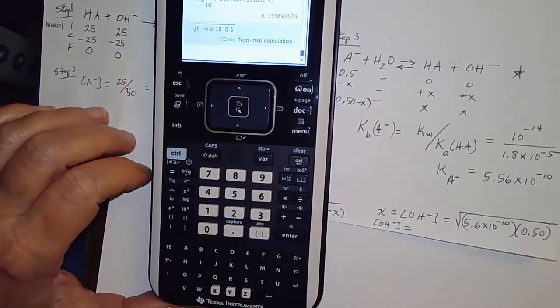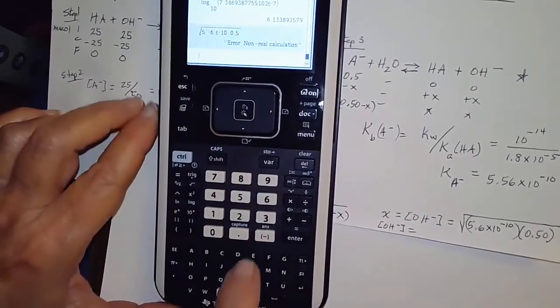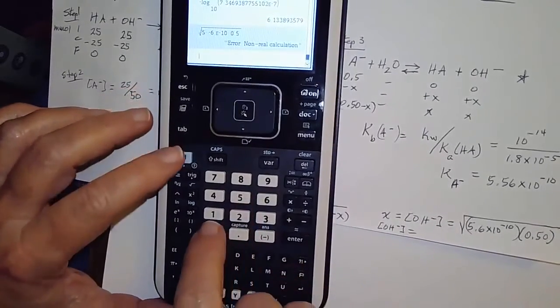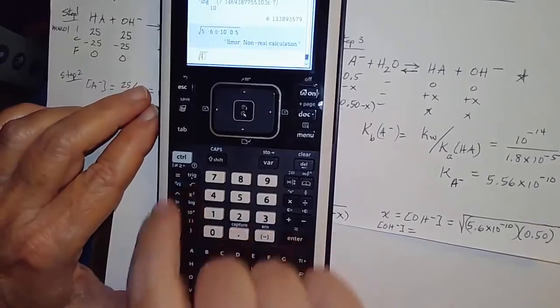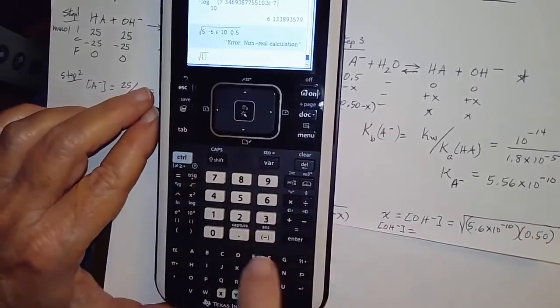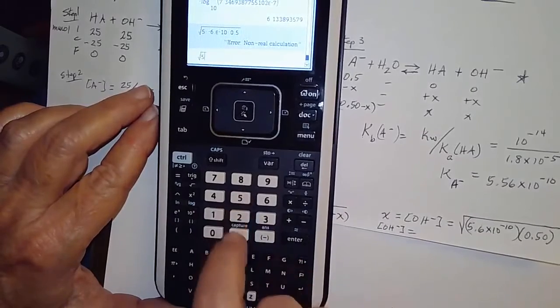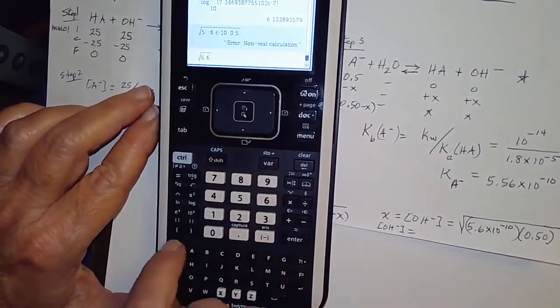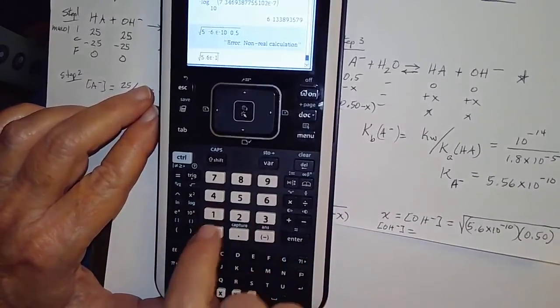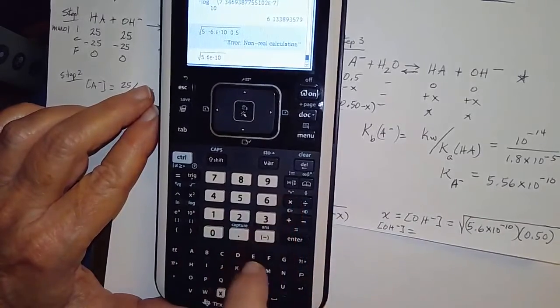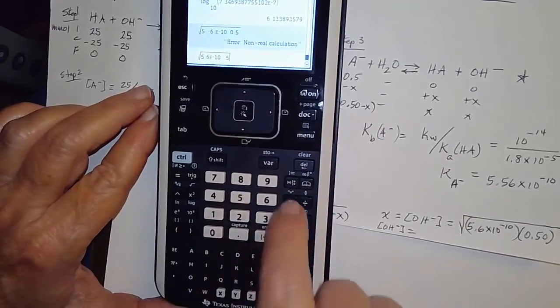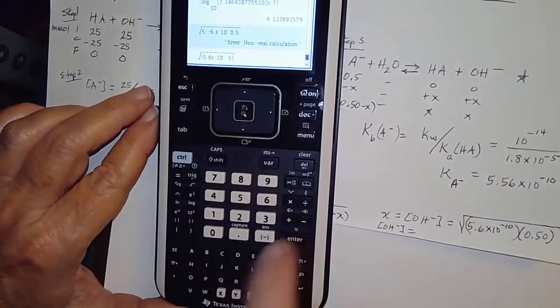Oh, I said 5 times 6. Let me try that again. There's something wrong with what we did. That's something wrong with Dr. Legrone inputting into a calculator. So the square root of 5.6 e negative 10 times 0.5, close my parentheses.